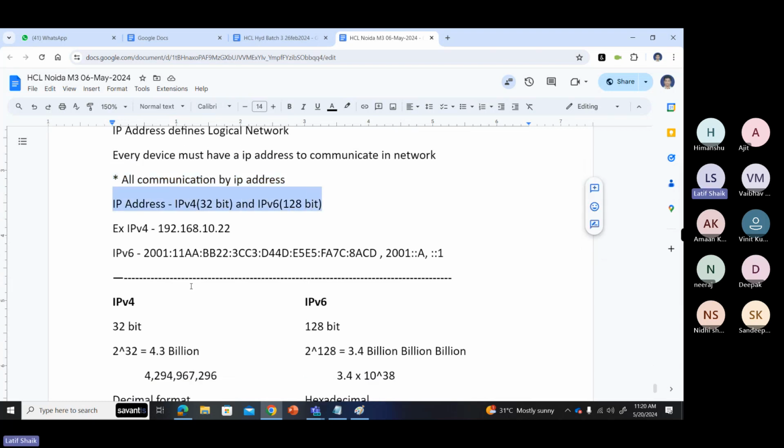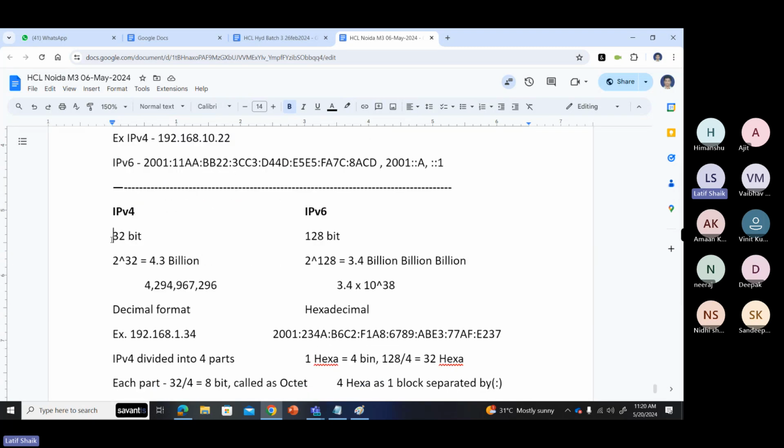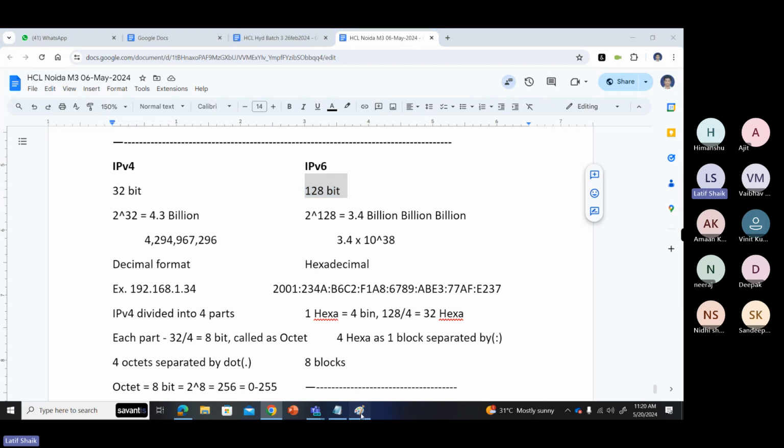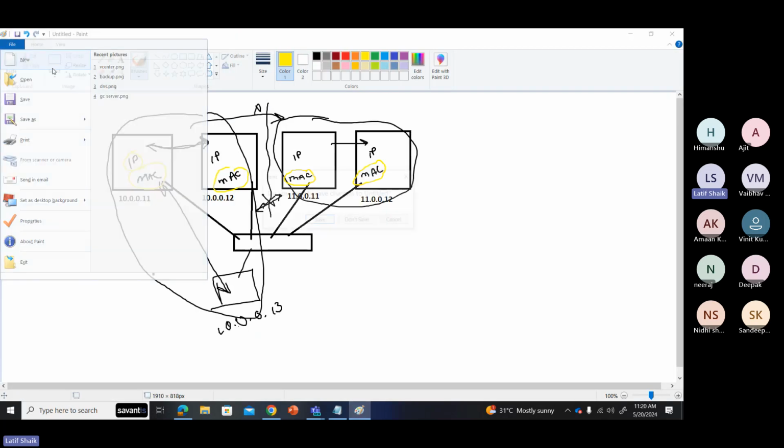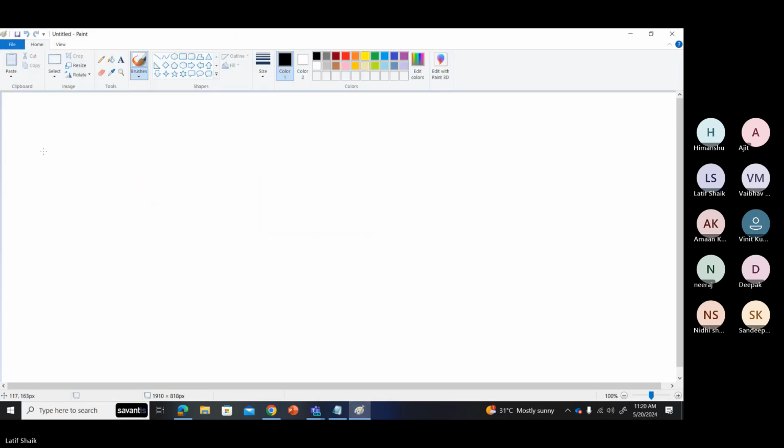And these IP addresses have two versions, IPv4 and IPv6. IPv4 is 32-bit and IPv6 is 128-bit. 32-bit means each bit is 0 or 1, right?